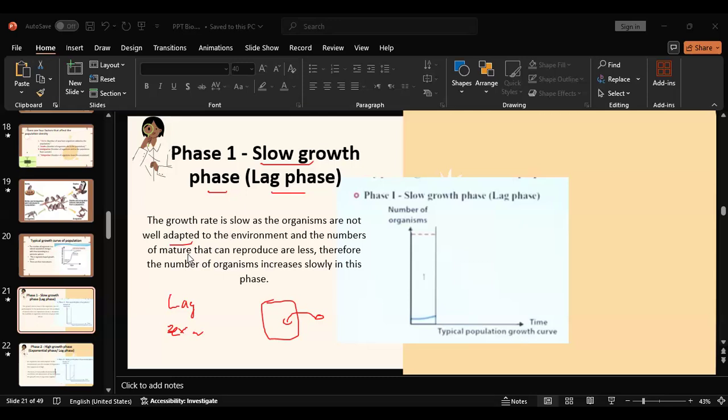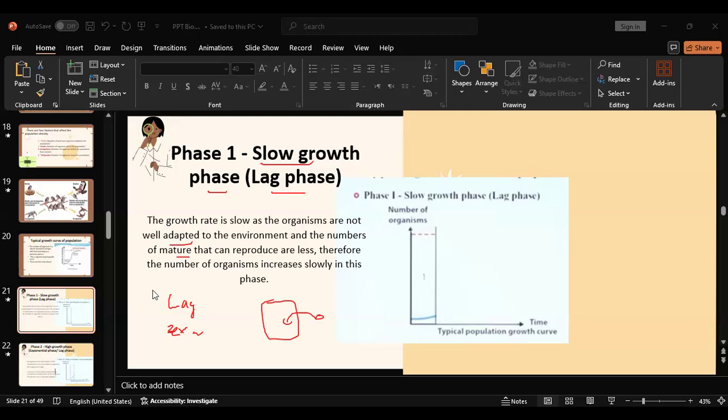If there are mature organisms, only then will they reproduce and the individuals will increase. So because of fewer mature organisms, that is the second reason. For these reasons, the number of organisms increases very slowly.